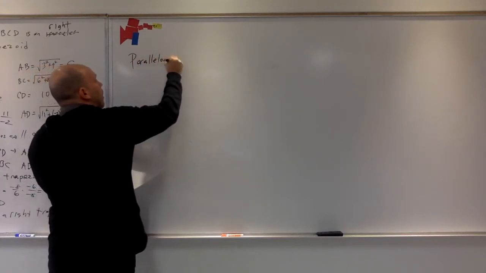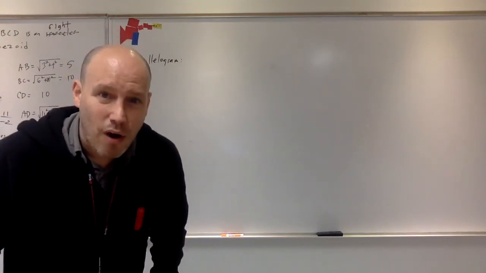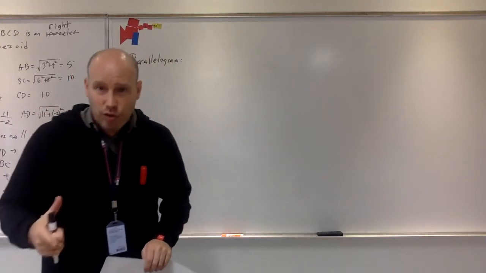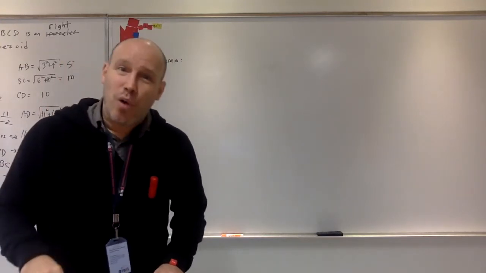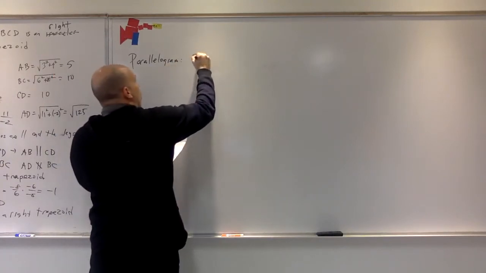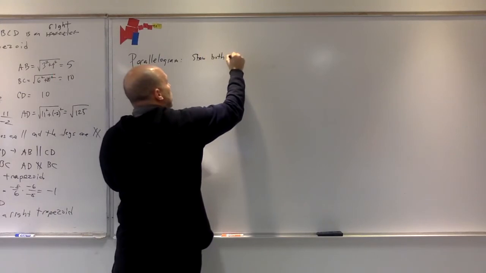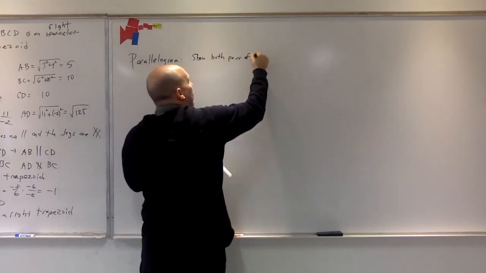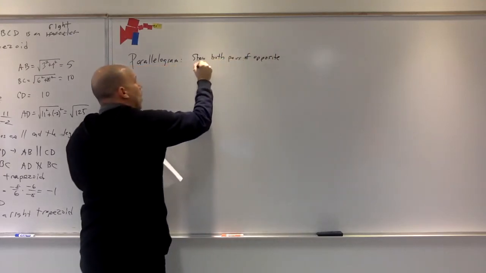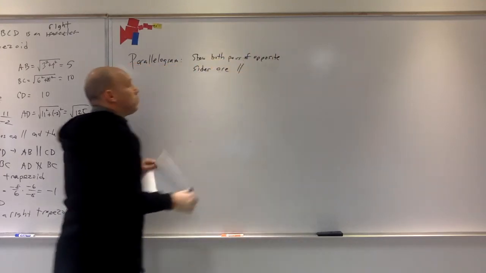Couple of rules, very straightforward rules. Parallelograms. I might say, prove ABCD is a parallelogram. What you need to do after you plot the points, after you take the journey, after you find all the slopes and distances, is simply show both pairs of opposite sides are parallel.